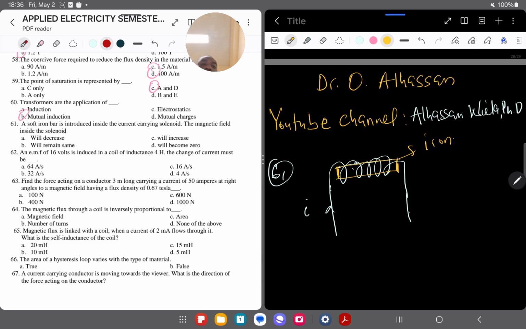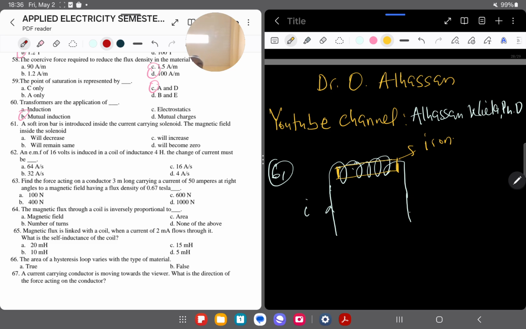So by doing this, you realize that the magnetic field here is going to increase. Because of what? Now you've introduced another material, which is iron. Remember, iron is also a magnetic material.